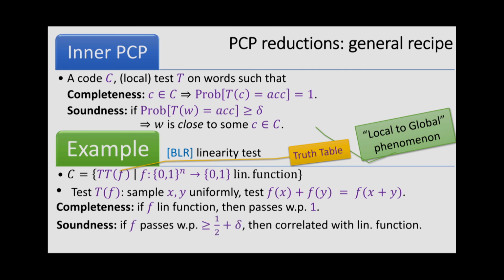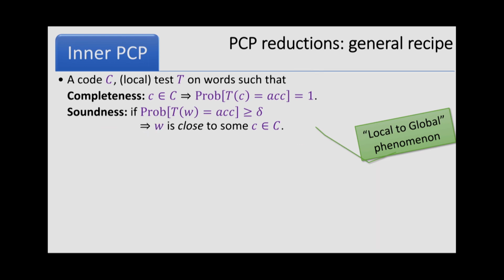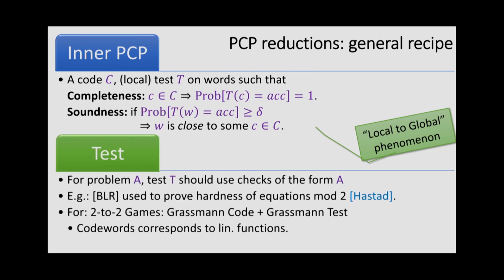And what you can show is that if the tester passes with probability half plus delta on some f, then f is correlated with a linear function. So in general, if you want to prove hardness for a problem A, the test T should say something about that.